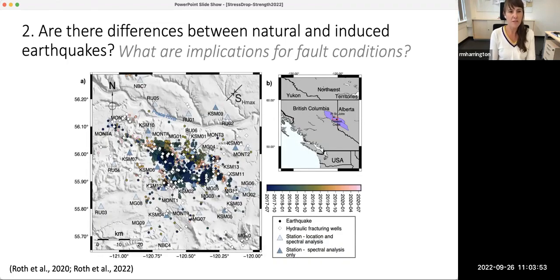So this work is centered around a temporary deployment that Yajing Liu from McGill and I ran in Northeast British Columbia in the Montney shale play, where a lot of induced earthquakes were generated. Here, showing the inside of the map, here's the border between British Columbia and Alberta.